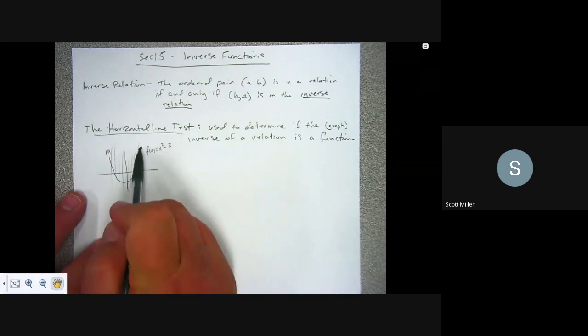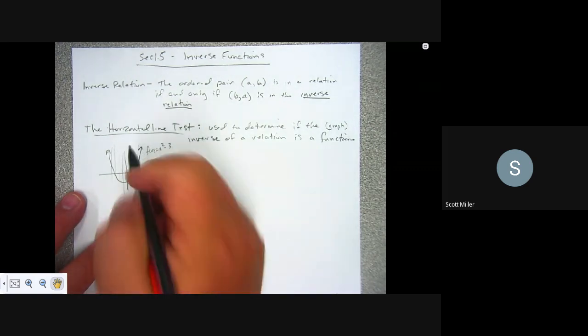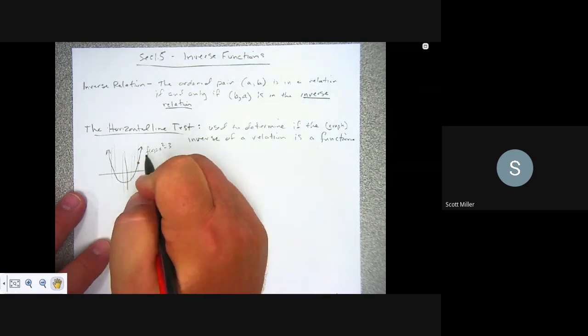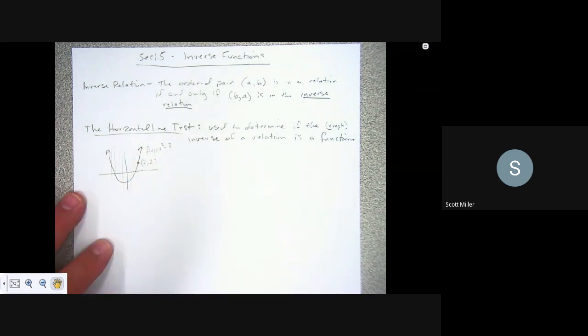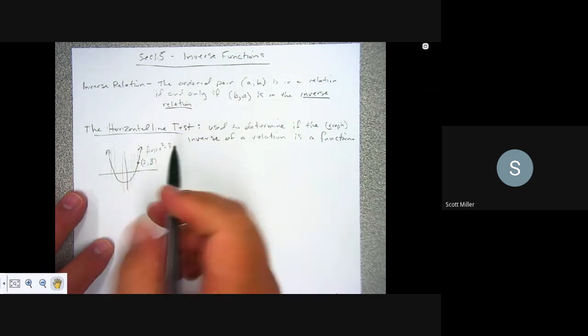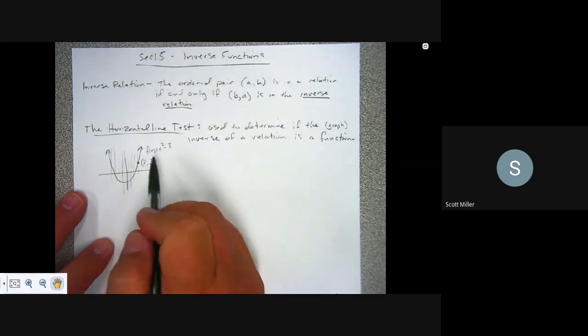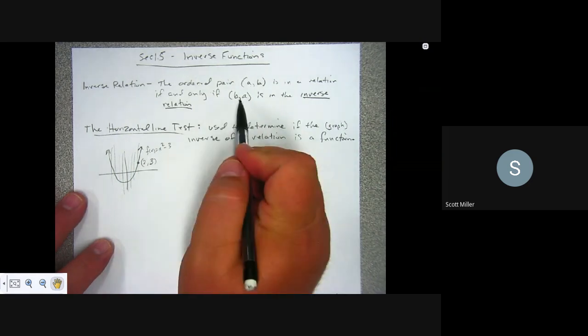Well, what about the inverse of this? Because functions are relations. There is a point right here; for the sake of argument, we'll call it (2, 3). Then the inverse of this, the point (3, 2), must be on the inverse. That's what the definition says, because every function is a relation.